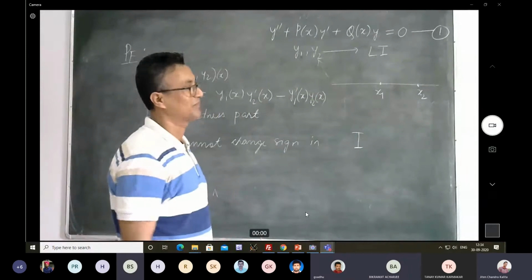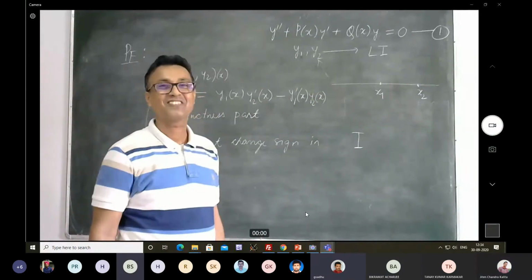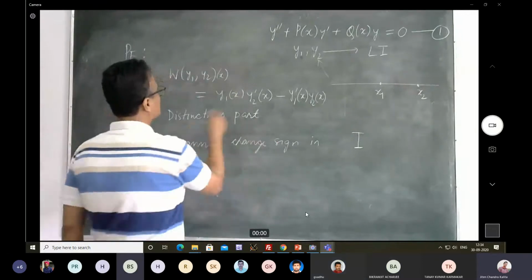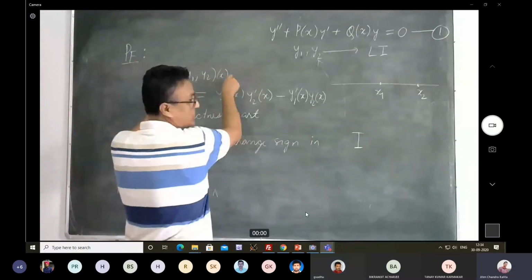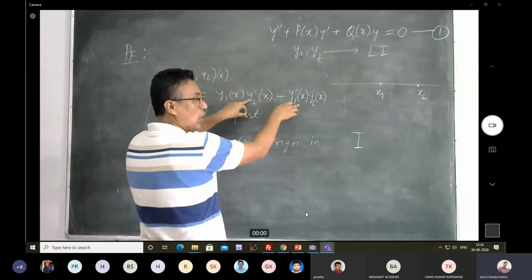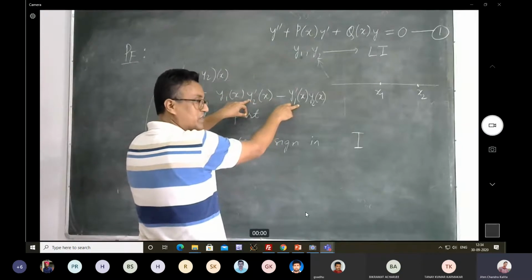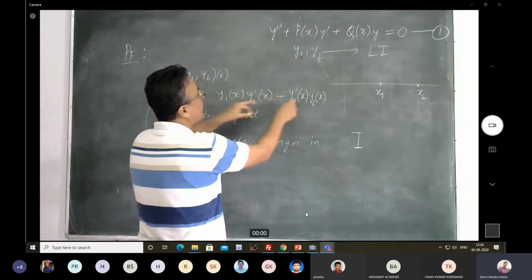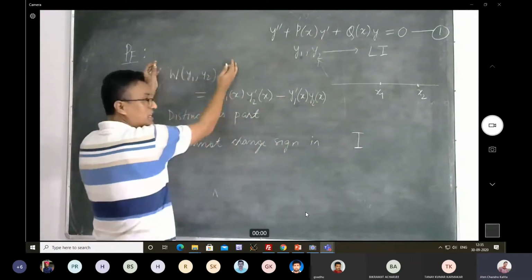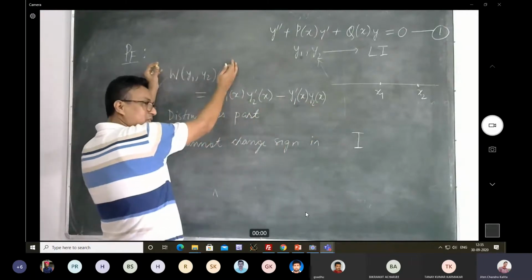Because while defining the Wronskian, I am assuming that the derivatives of these functions are also continuous, and y1 and y2 being continuous functions as well, the Wronskian is going to be a continuous function of x.